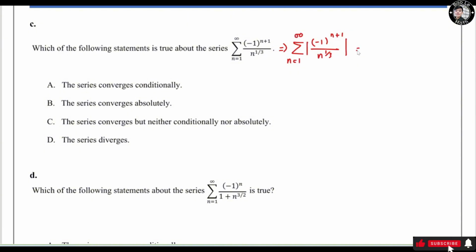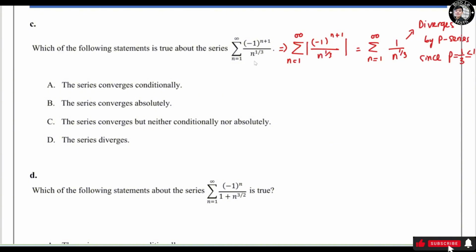This series of 1 over n to the power 1 third diverges by the p-series test because p equals 1 third, which is less than or equal to 1. So the series of absolute values is divergent.